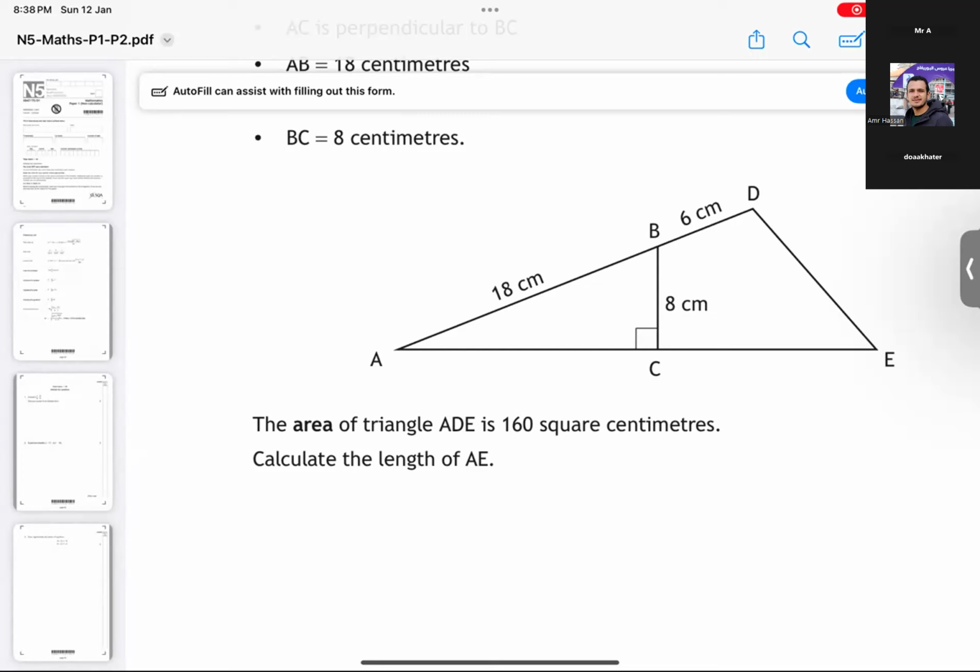I mean, the largest triangle that we have, which is going to be ADE. Do you think this triangle is a right angle triangle? I don't think so, right? No. So in this case, you have to remember the rule.